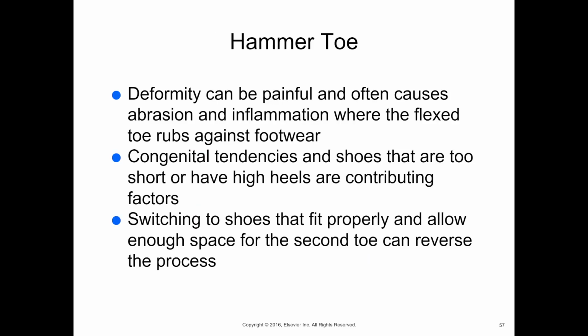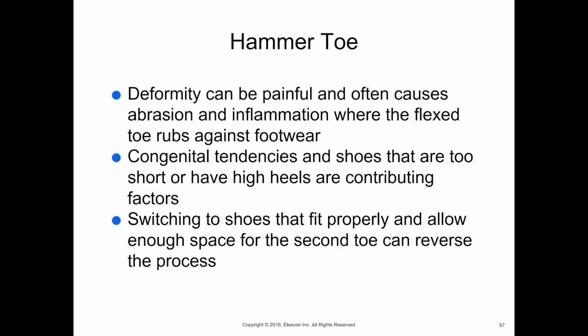Next, hammer toe. So this is a condition where the toe bends upward like a claw in abnormal flexion. The nerves supplying the muscle of the toe are subjected to a continued injury, and you get imbalance in the foot and development of the hammer toe that you'll see on the next page. Proper footwear will be important for hammer toe.